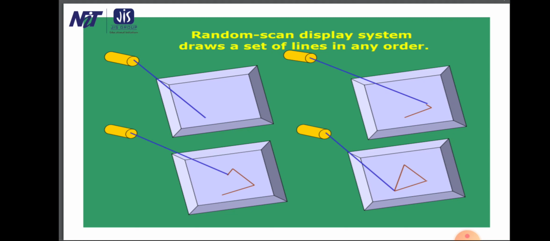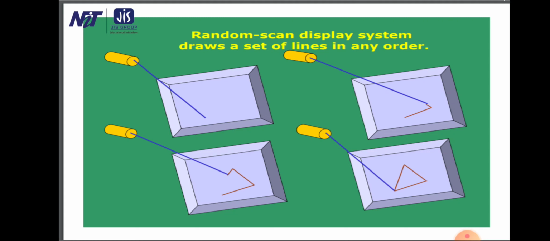So all these points on the triangle where the beam is drawn are connected, and the refresh rate is about 30 to 40 hertz. When the entire picture is completed, the triangle is drawn. This is the process of drawing in a random scan display, from vertex x2, y2 to a third vertex x3, y3 and then to x1, y1.